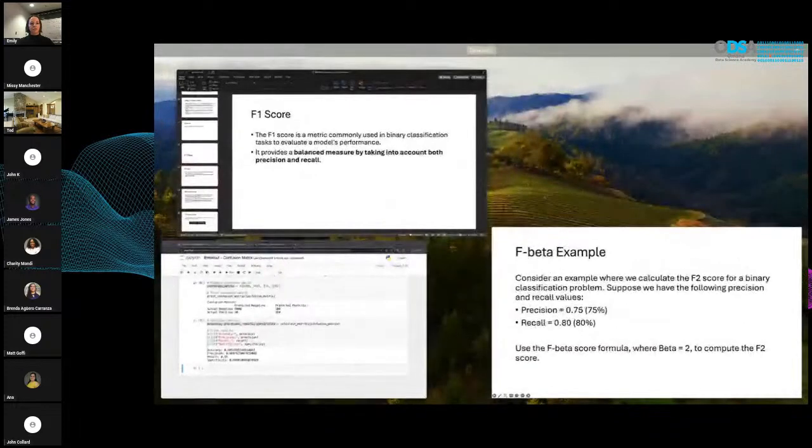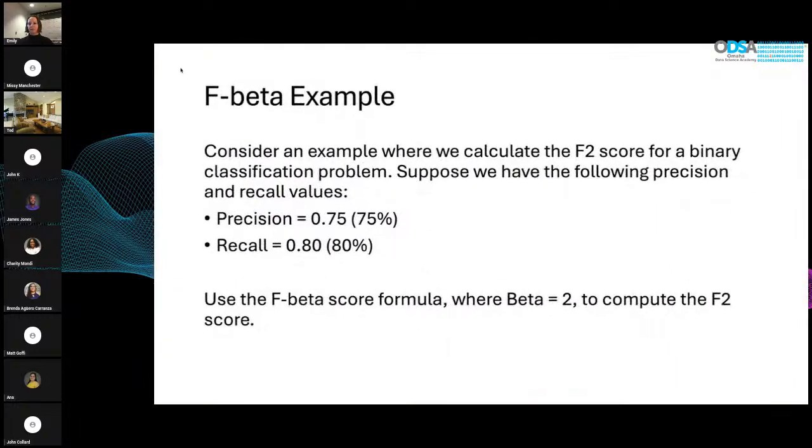If you have it, just drop it in the Slack chat or StreamYard, whichever one. We'll figure it out.